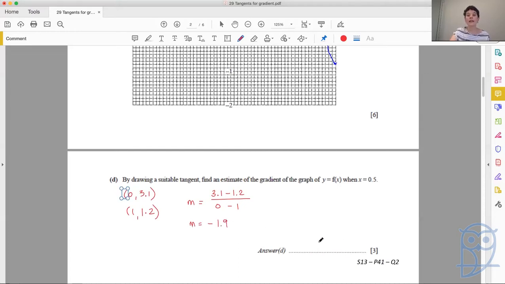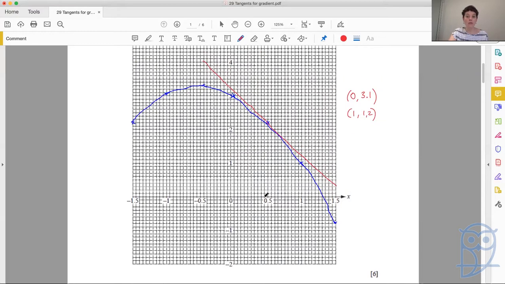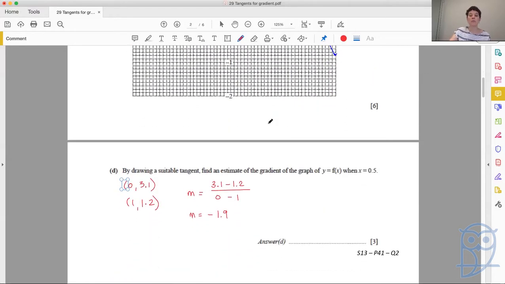So the gradient, where x equals 0.5, because our tangent is kissing our graph at x equals 0.5, is minus 1.9. That is our estimated gradient for the curve, because it is the gradient of the tangent that we drew.